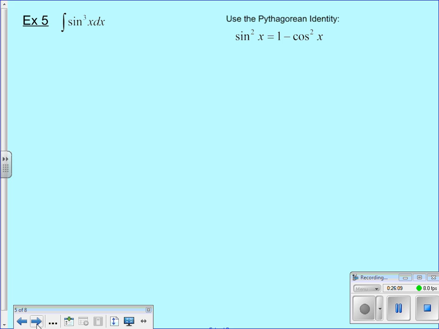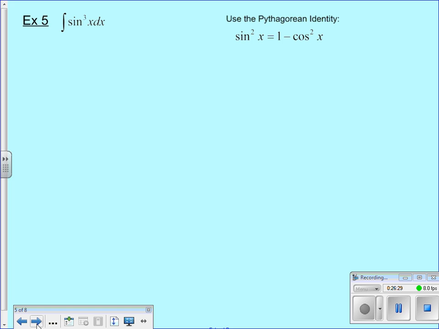Pythagorean identity. I love Pythagorean identity. Sine squared plus cosine squared equals 1. Only it's not sine squared to cosine squared. Well, it is. But what's my integral of? I have an integral not of sine squared. I have an integral of sine cubed.